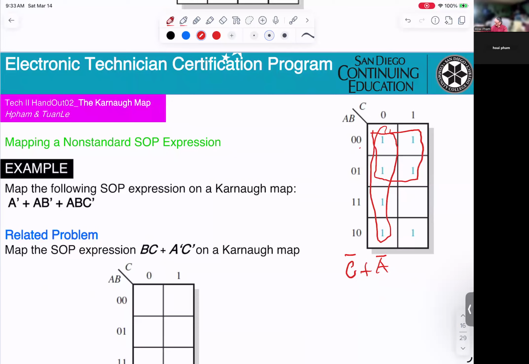And you can get the last one, or this one, either you can go this way.